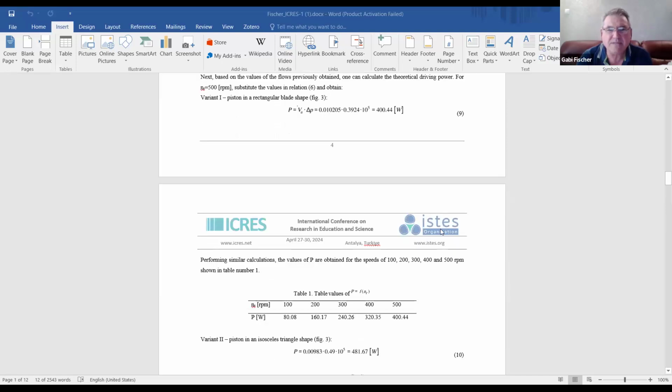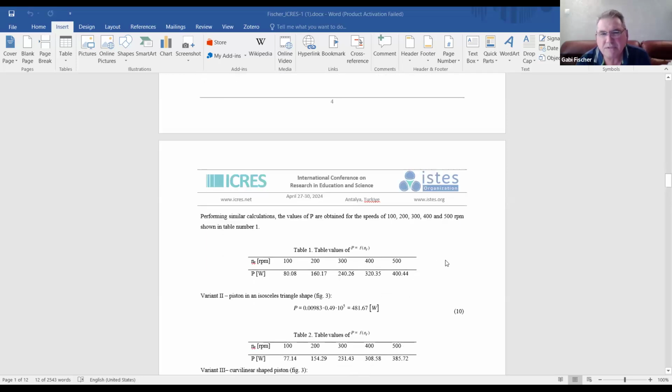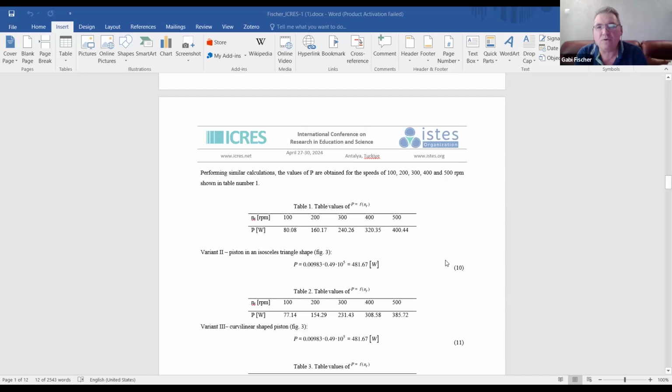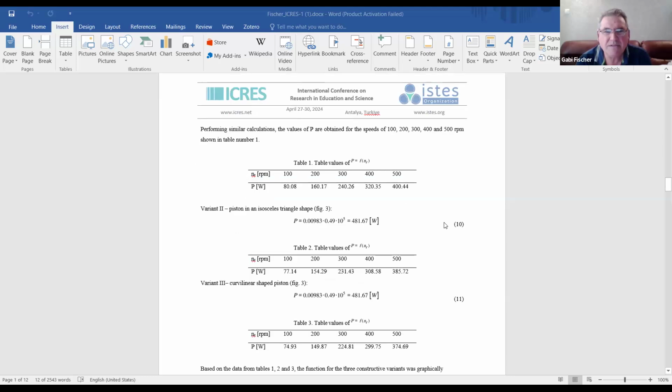So performing similar calculations, the values of pressure are obtained for the speeds, in our case, as we tried at 100, 200, 300, 400, 500 rotations per minute, as shown in the table below.